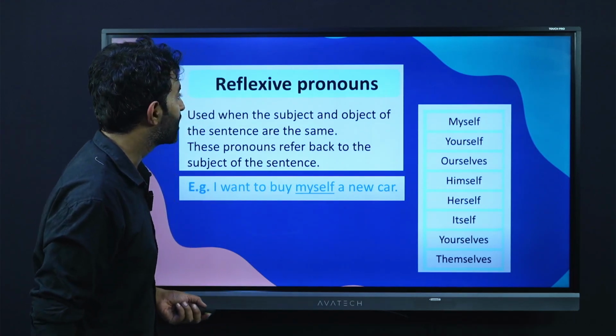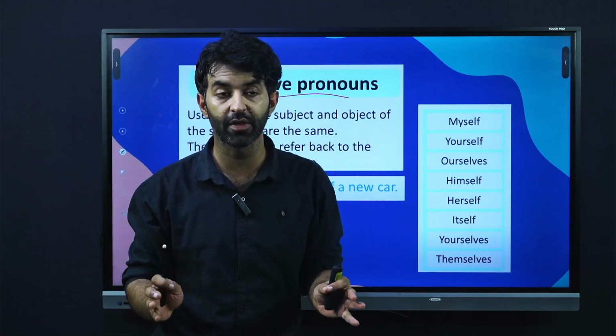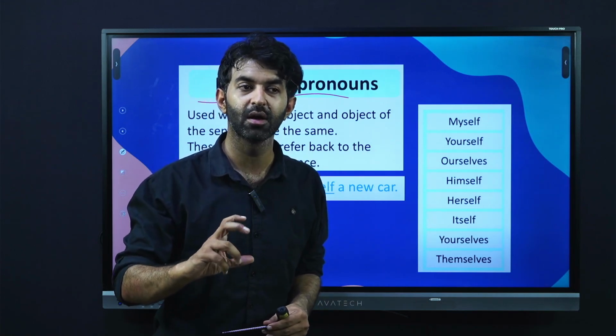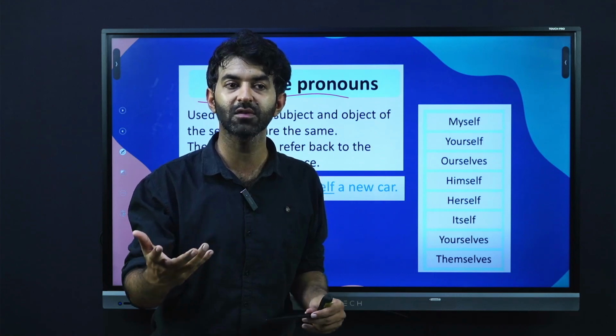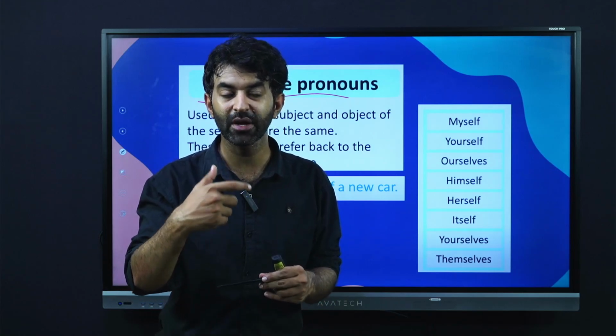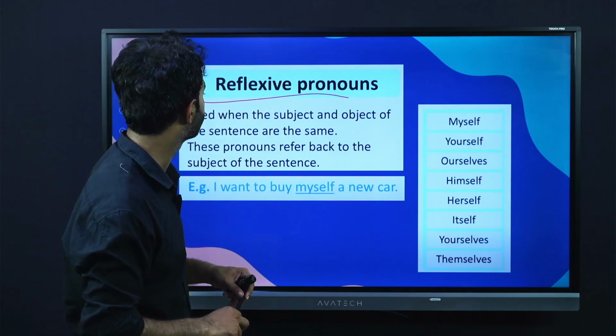Good. Okay, reflexive pronouns. The word we need to focus on is reflexive. It means that it is showing reflection. Reflection means, in Urdu, aks. It is showing some reflection of something or someone. All right.